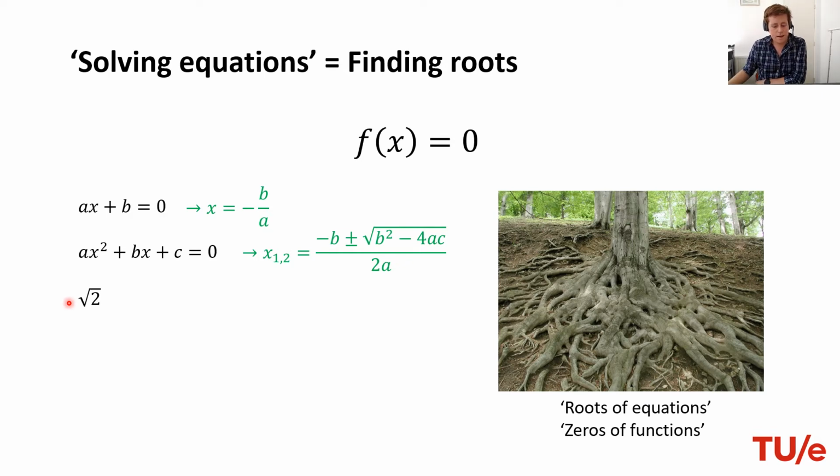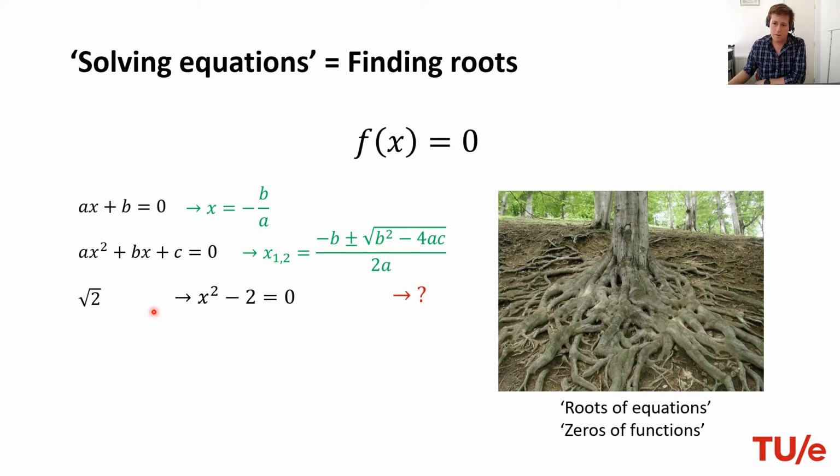It turns out that computing the square root of 2 can also be recast into a form like this, where we have to find the zeros of a function. How do we do this? By simply recognizing that the square root of 2 would be the solution to this equation. And note that this is a nonlinear equation: x squared minus 2 is 0.